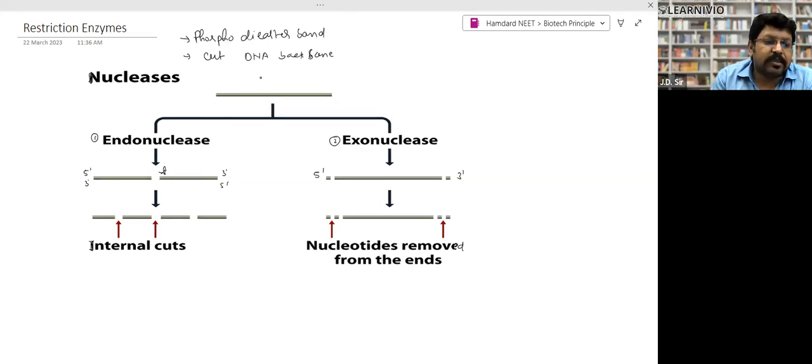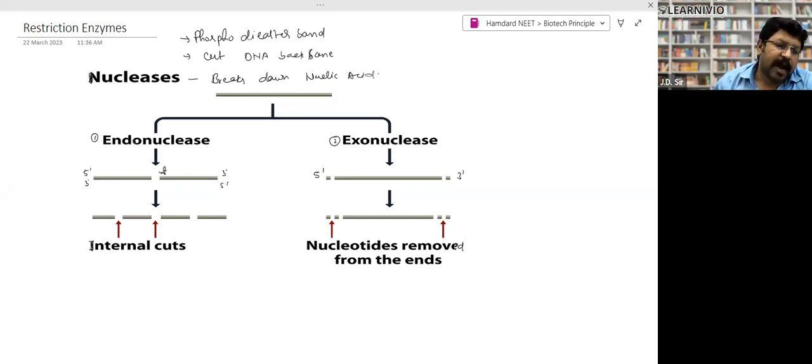Basically, nucleases are those enzymes which break down nucleic acid, meaning DNA or RNA, right? Those are called nucleases.